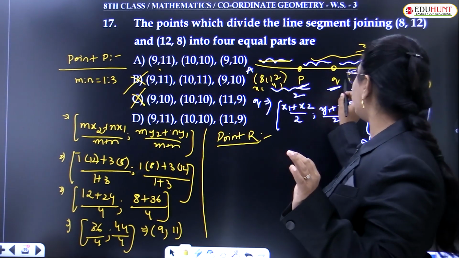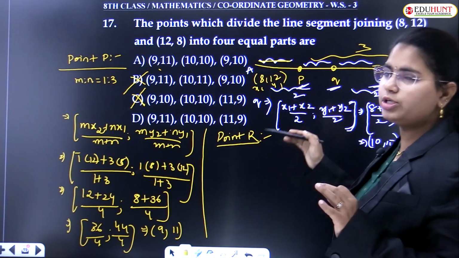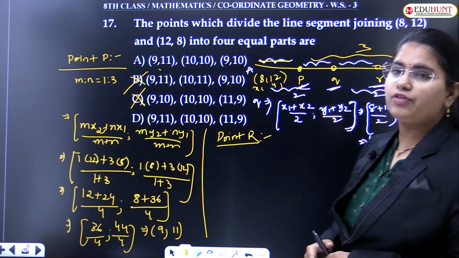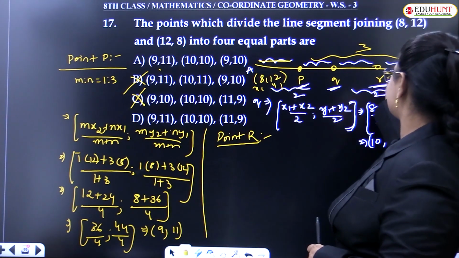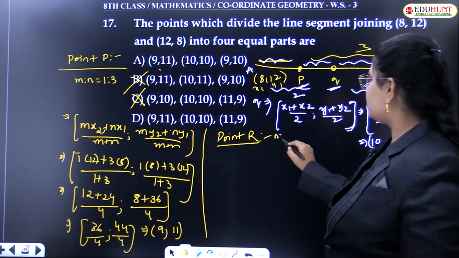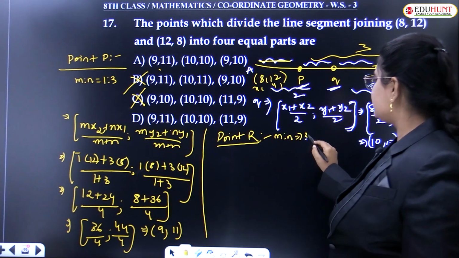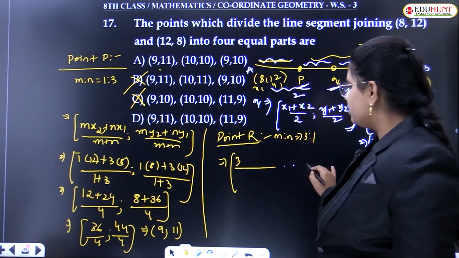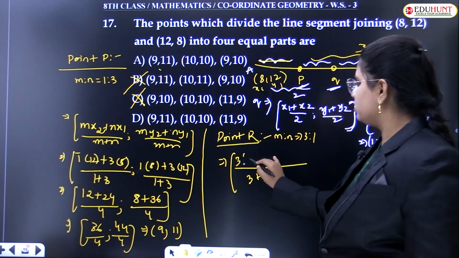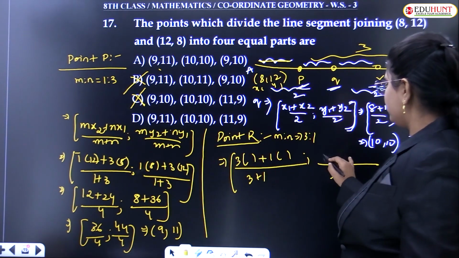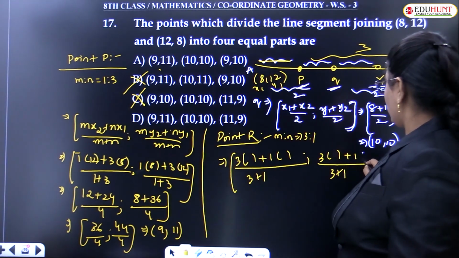So R is being divided in how many parts? It is being divided in a different ratio, 3:1. This is 3 and this is 1. Correct? So my m:n will become 3:1. So substitute here 3 plus 1 in brackets, and this is 3 plus 1, 3, 1.